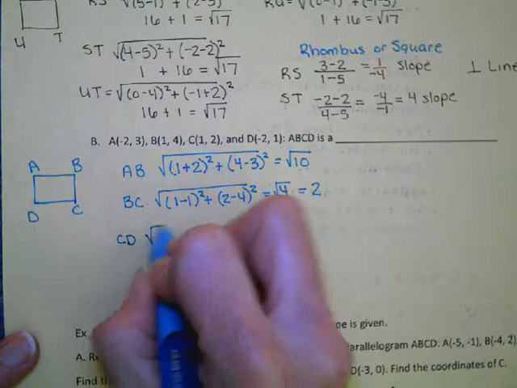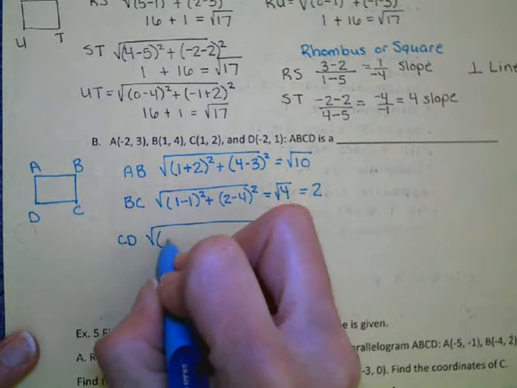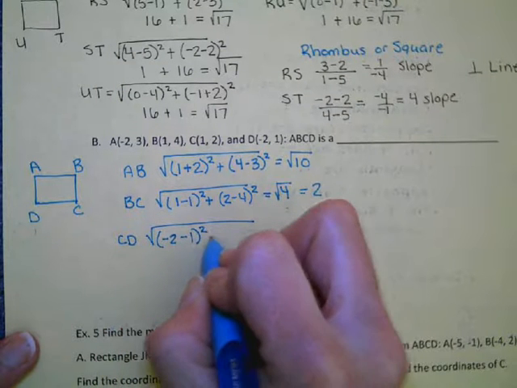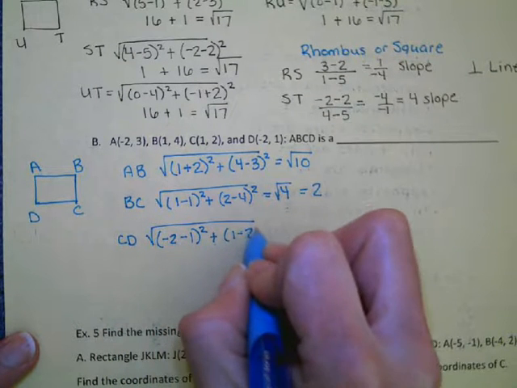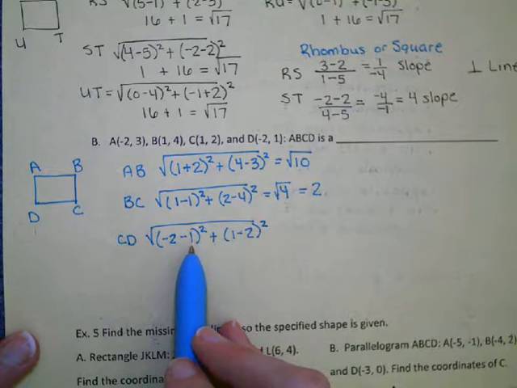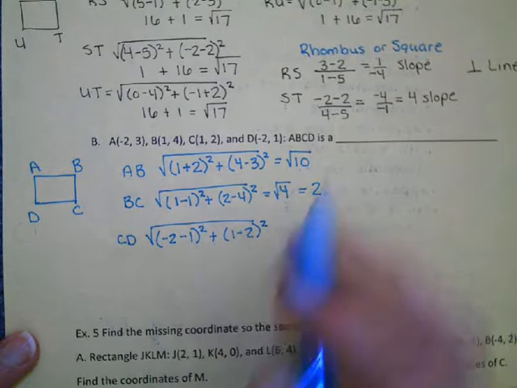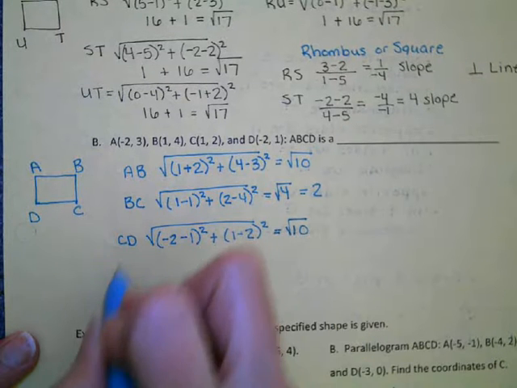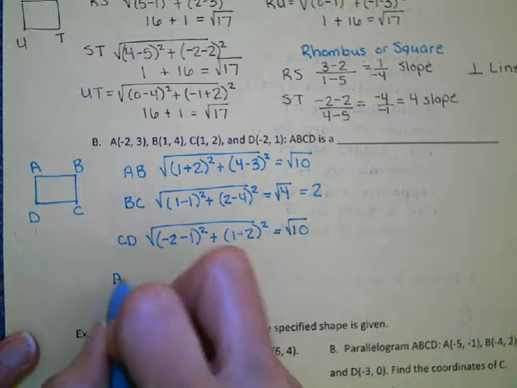Next side I have is C and D. Negative 3 squared is 9. Negative 1 squared is 1. So you add those, you get square root of 10.